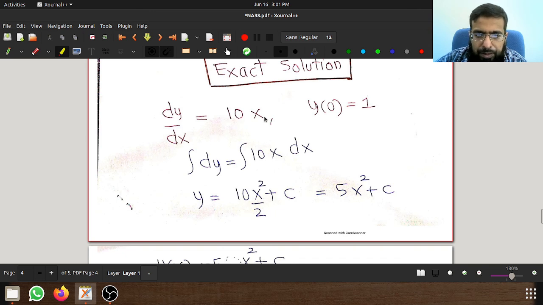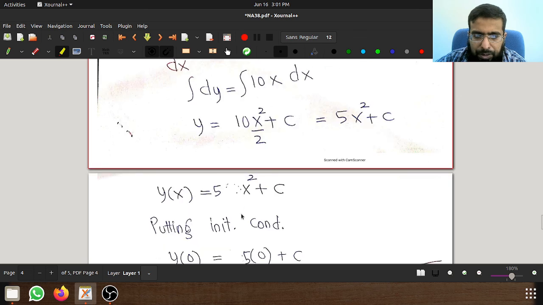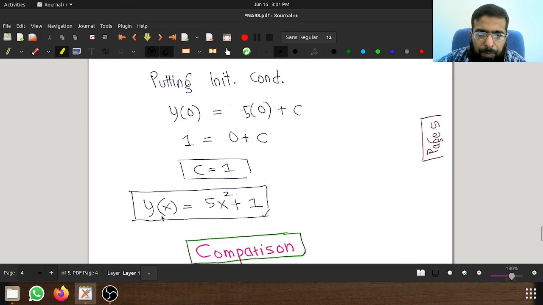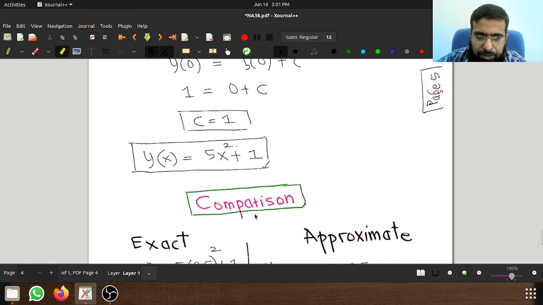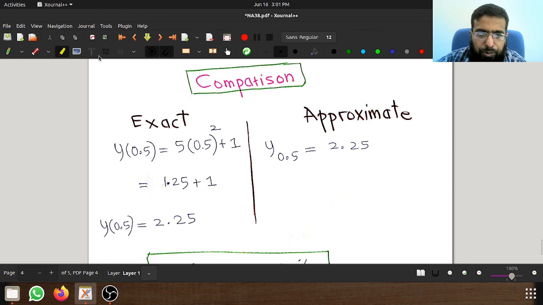So we can take dx here and then integrate, it becomes 5x squared plus c, and we can put the initial condition, for x equal to 0, y is 1. So c comes out to be 1. This means y of x is 5x squared plus 1. If you put x equal to 0.5 here, the answer comes out to be 2.25, the exact solution.